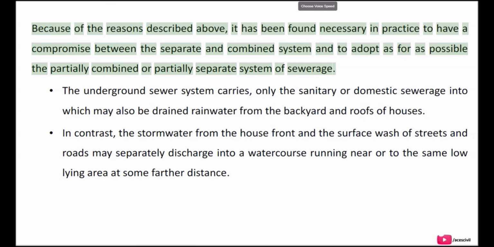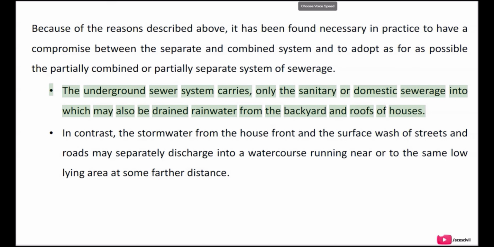Because of the reasons described above, it has been found necessary in practice to have a compromise between the separate and combined system and to adopt as far as possible the partially combined or partially separate system of sewerage.